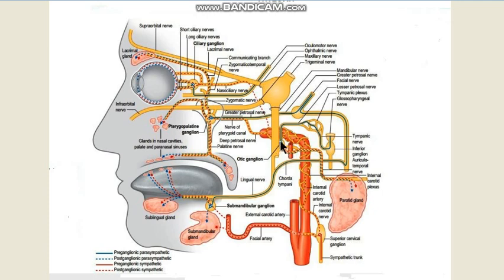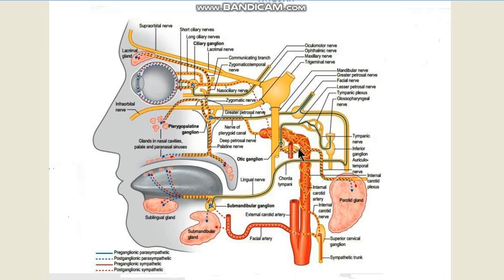From the otic ganglion, postganglionic fibers leave the glossopharyngeal nerve and piggyback onto this branch from the mandibular nerve. Here from the trigeminal nerve you can see ophthalmic, maxillary and mandibular. And beyond the otic ganglion, these fibers originally from the glossopharyngeal nerve have piggybacked on this branch of the mandibular nerve, which is called the auriculotemporal nerve, this split nerve.